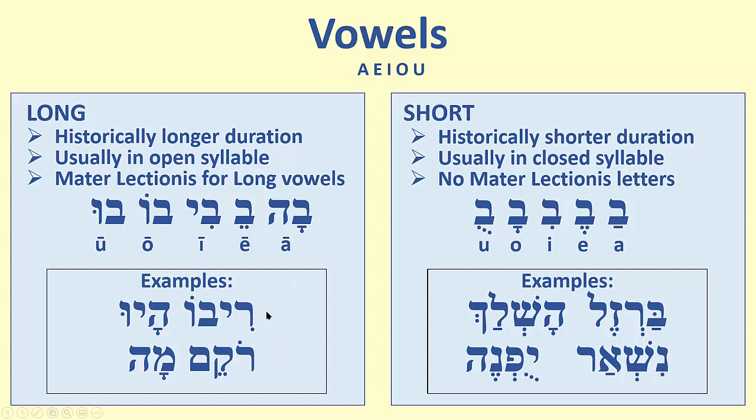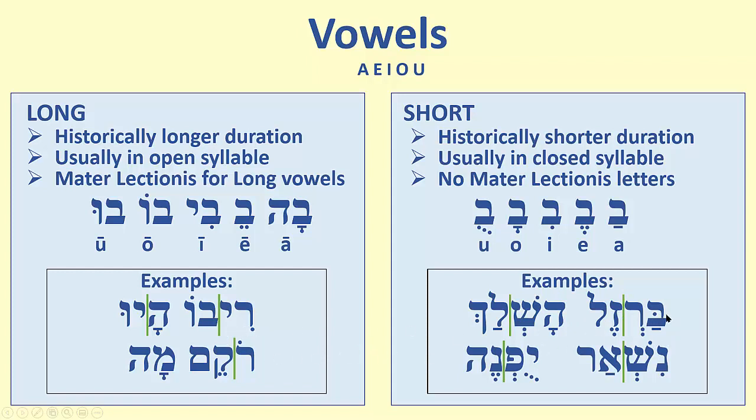Over here on the left, we have 4 words with long vowels in it, only long vowels. The first one is rivo, and this means his argument or something like that. The next one is hayu, rokem, ma. Now, I'll stick in the bars to let you know where the syllable division is.